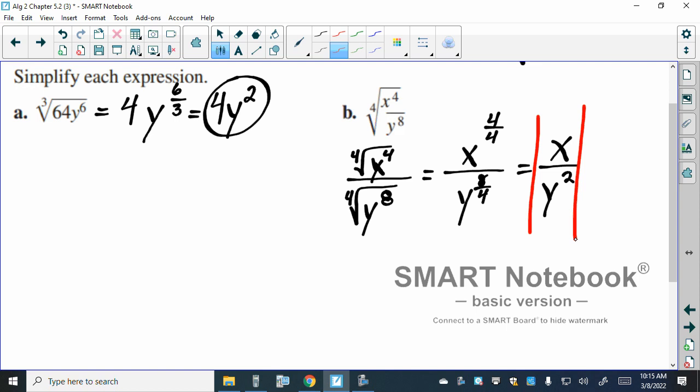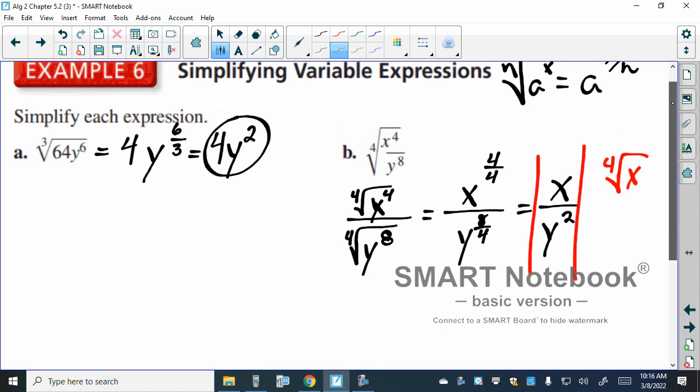So any of the variables that come out completely will technically need an absolute value bar. If for some reason we still had some left over, like it was x times the fourth root of x, we don't need the absolute value bars for the fourth root of x.